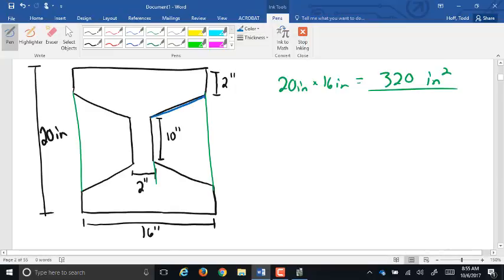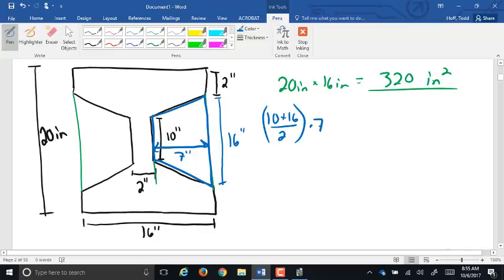And then what I have here on the sides are trapezoids. This is 10. This is 16. This is 7. So that is 10 plus 16 over 2, because you're averaging the bases, times 7, and then times 2, because there's 2 of them. So 10 plus 16 is 26.